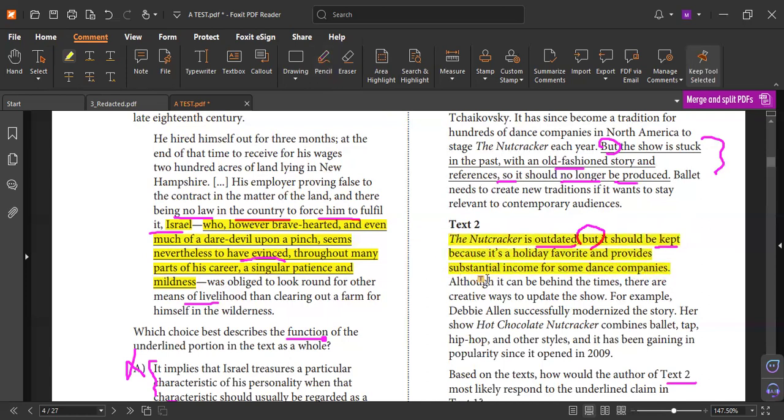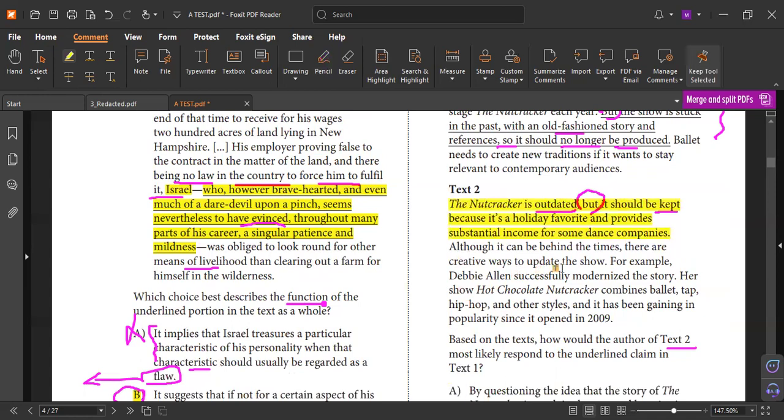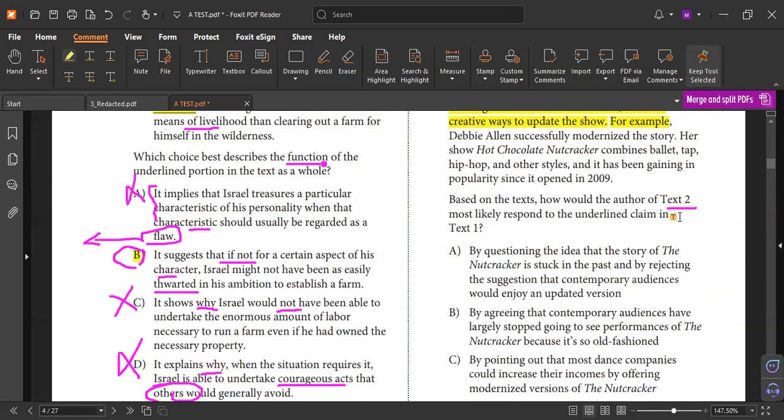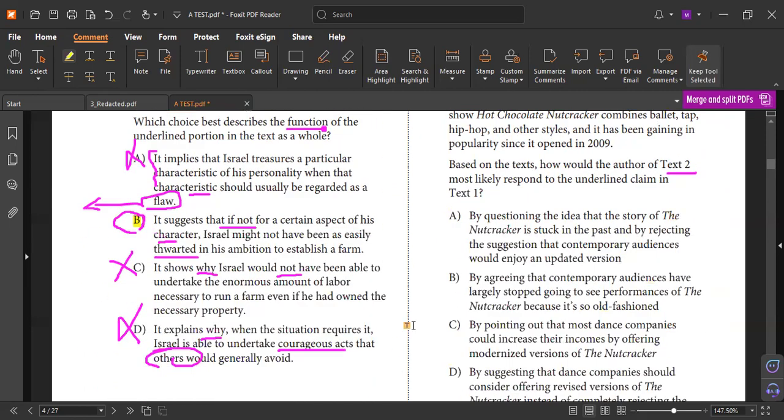But wait, although it can be behind the times, meaning it's old-fashioned, there are creative ways to update the show. And then he gives you an example. So my focus must be in this part only. And here we have an example to prove the same idea. Now I can go and find, did the writer question the idea?